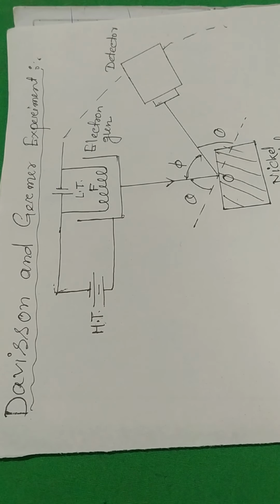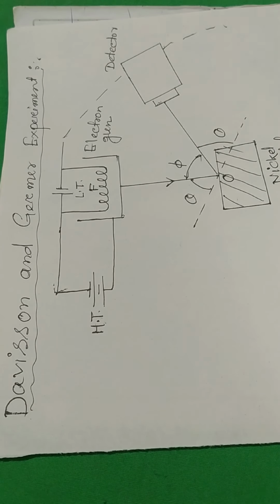According to classical physics, the intensity of the scattered beam of electrons at all scattering angles will be the same. But when Davisson and Germer plotted graphs of the intensity of the scattered beam at different angles of scattering at different accelerating voltages, they found that the intensity is not the same, but different at different angles.